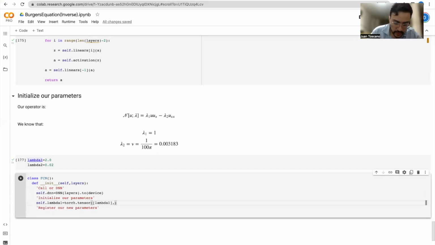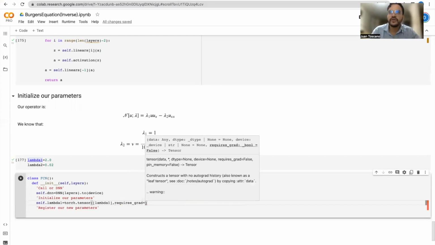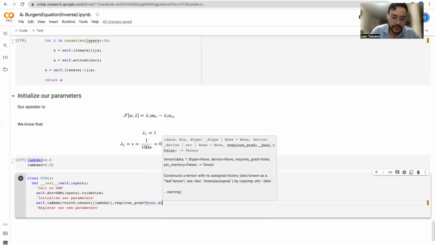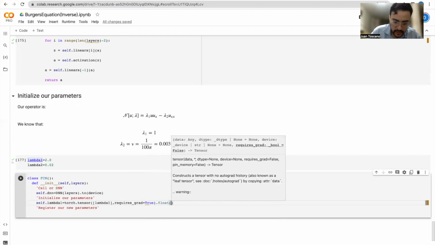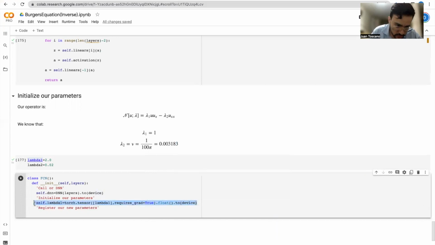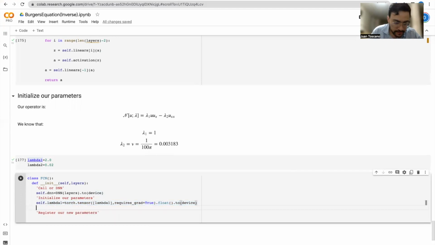We will require gradients, because remember, we're going to differentiate these values. Once that's done, let's make it a floating point, float, and then we'll send them to our device. Let's do the same for lambda 2. That's how we include our parameters into our neural network.